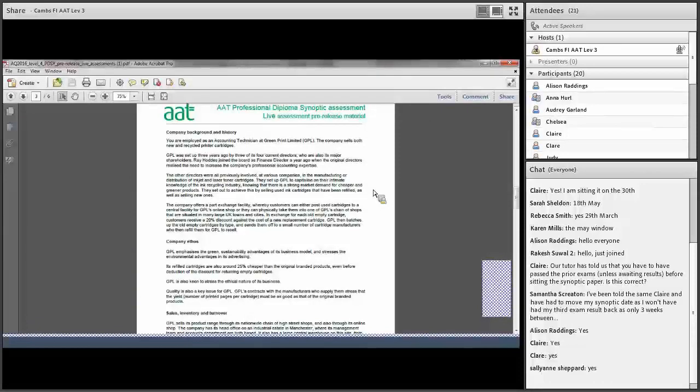It gives us an idea of their size, their structure, and their systems that they've got in place. And nicely, it gives us a bit here about this is where we're coming from a sustainability point of view. Information like this, we just want to bear in mind when we're answering our questions in the exam. It may not be that there's a question specifically about sustainability, but if we're making recommendations, we need to bear in mind what their stance is in relation to sustainability.